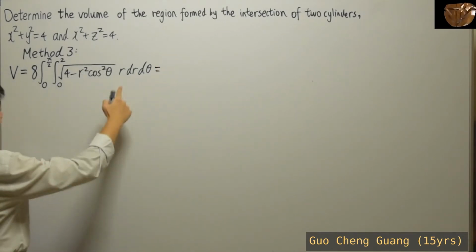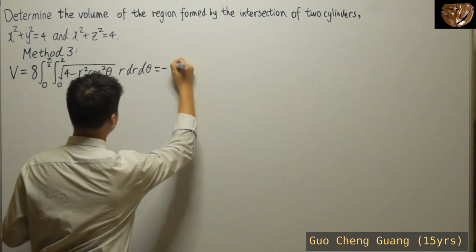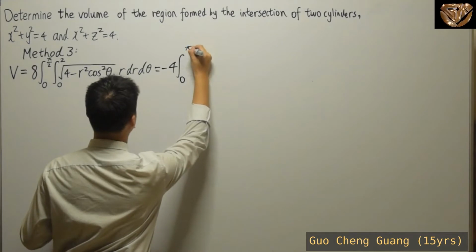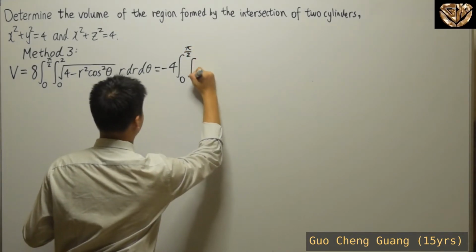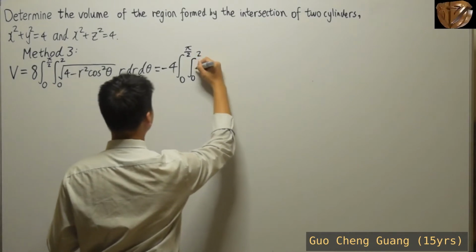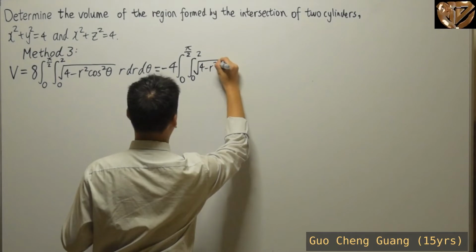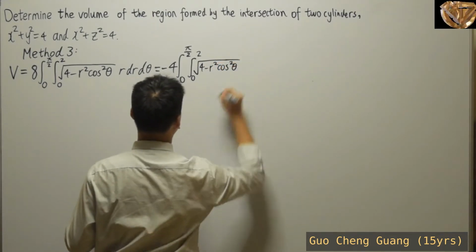Now, you can put this r within the dr, so you have a negative 4 on the outside. Then you integrate from 0 to half pi, then integrate from 0 to 2, the square root of 4 minus r squared cosine squared theta.